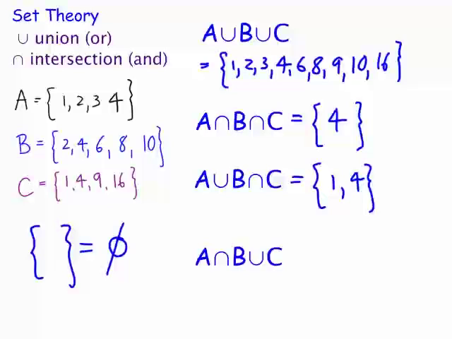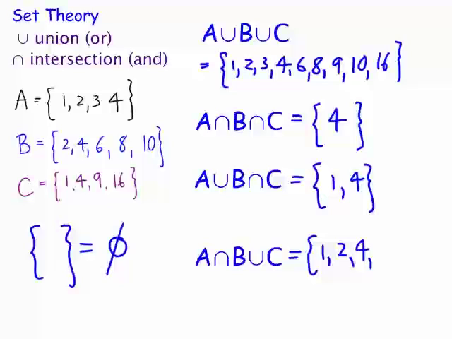So A intersection B, I think we worked out before, was just the 2 and the 4, and then we have to union it with C. The 2 was actually in the intersection of A and B, and there's no 3, there will be a 4, obviously.